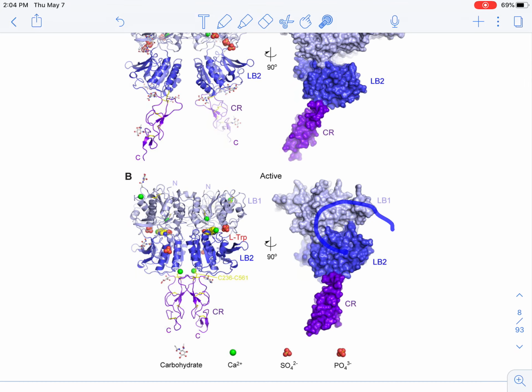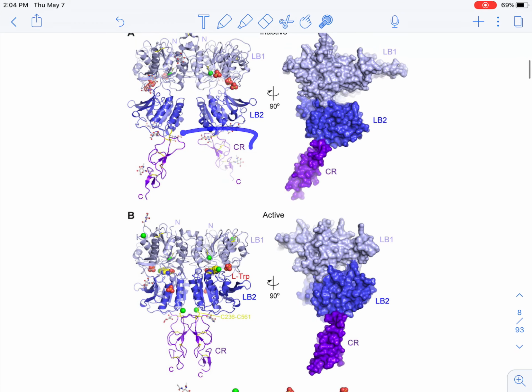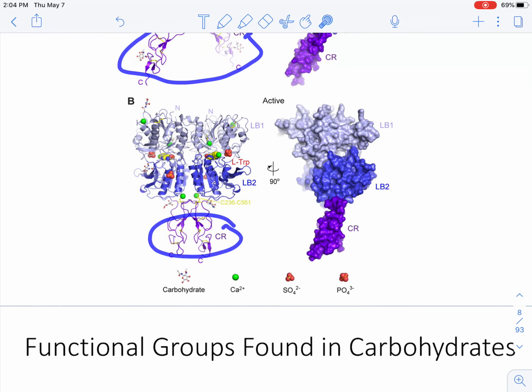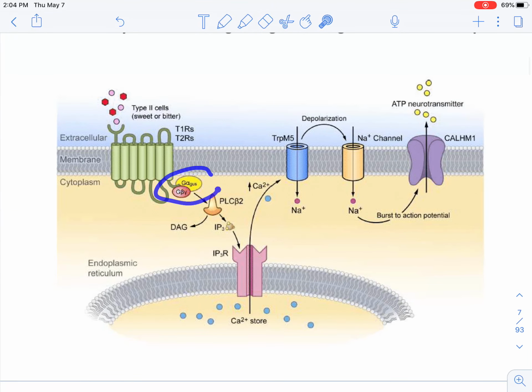And by closing, it's going to change the conformation of the structure at the bottom. This opening and closing of this loop allows these G proteins to basically break off and induce this phosphorylation cascade, allowing the depolarization to occur in that nerve cell, leading to an action potential and eventually releasing these neurotransmitters.